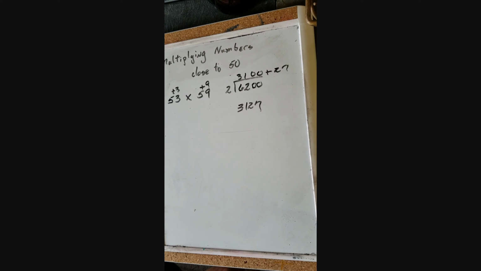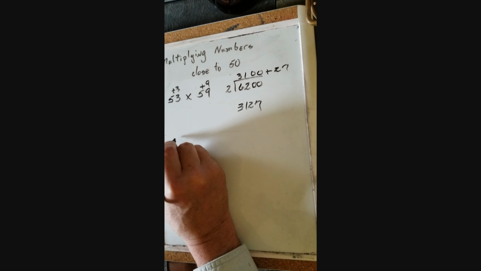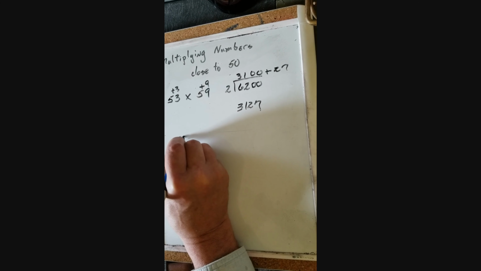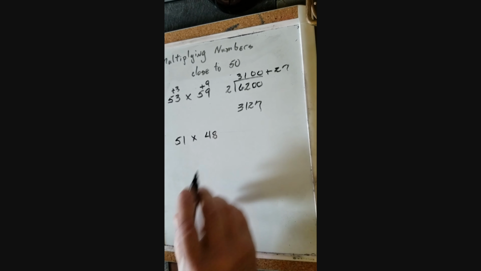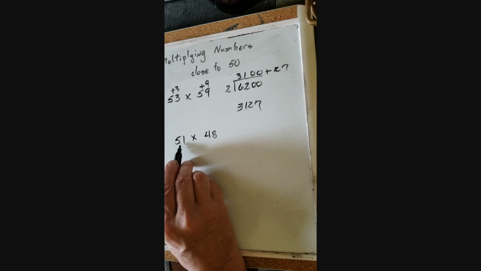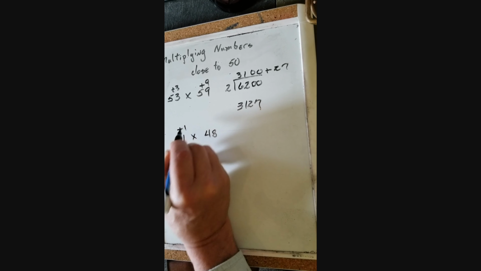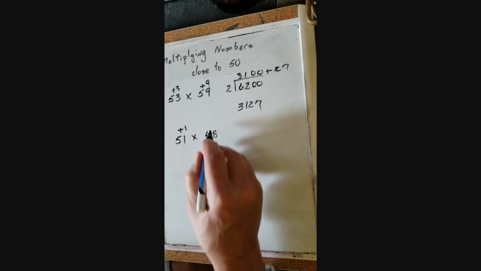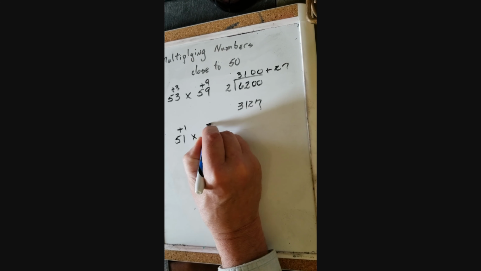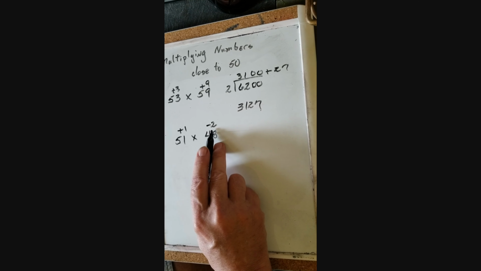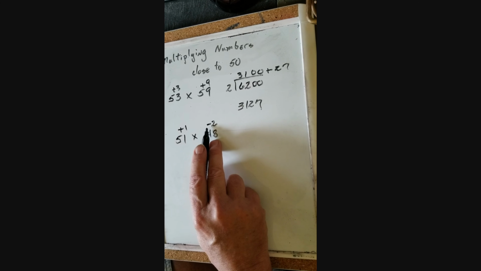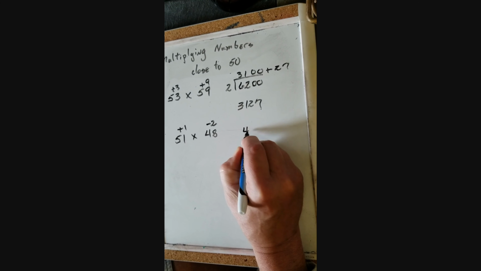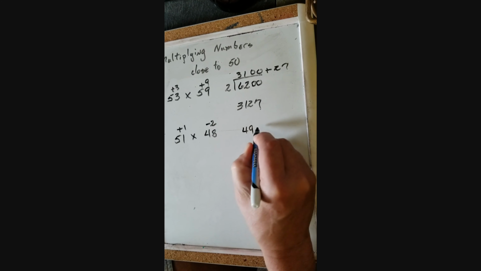All right, now let's do one that's a little different. Let's do 51 times 48. So this is 1 more than 50, and 48 is 2 below 50. So we're going to use a negative 2 there. So 51 minus 2 is 49. Multiply it by 100.